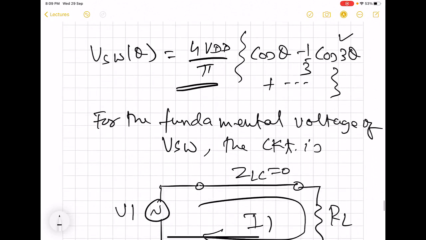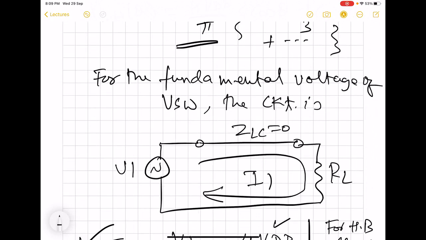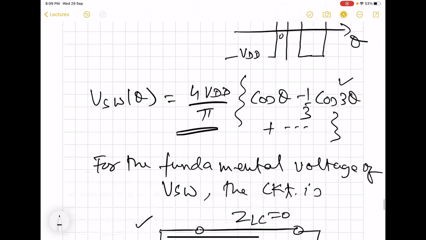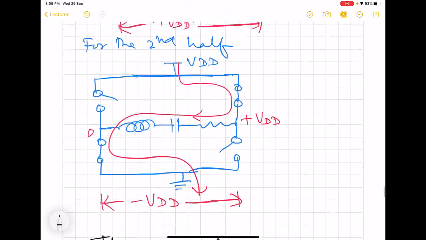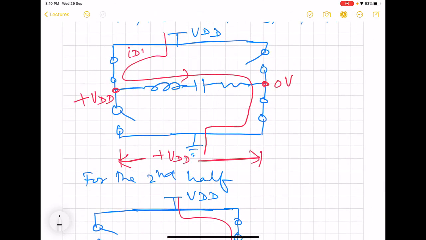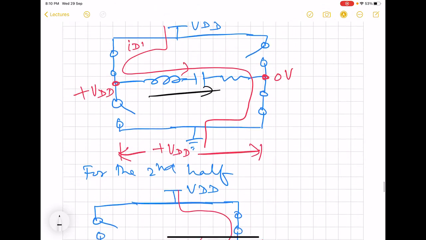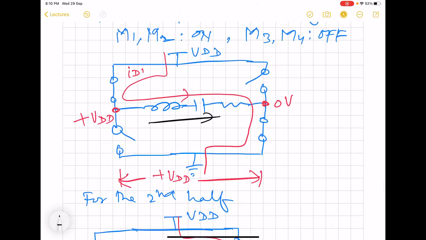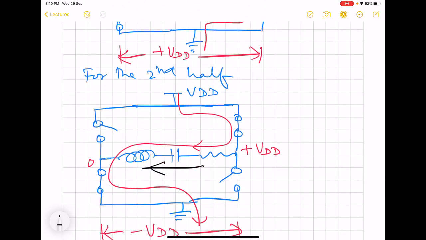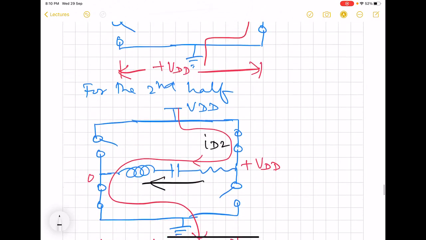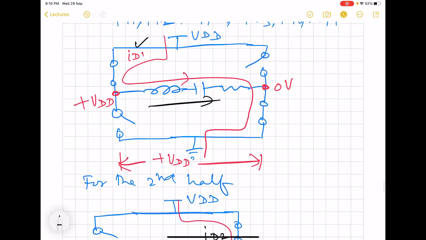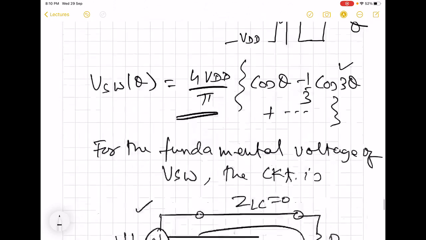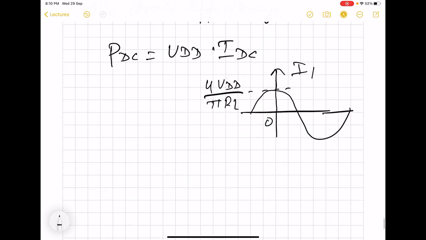Now keep in mind that this is in terms of the equivalent circuit, but what happens is that during one half, current flows in this direction from left to right. For the second half, it flows in the other direction. So what is happening is, like the previous case, this ID1 and ID2, this we will be calling ID2, and the previous one is ID1. Both are going to be one half of this fundamental current here.